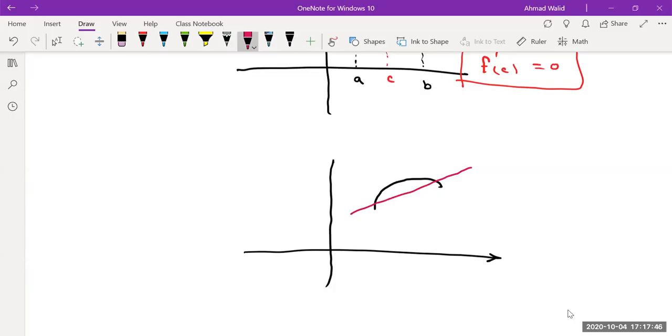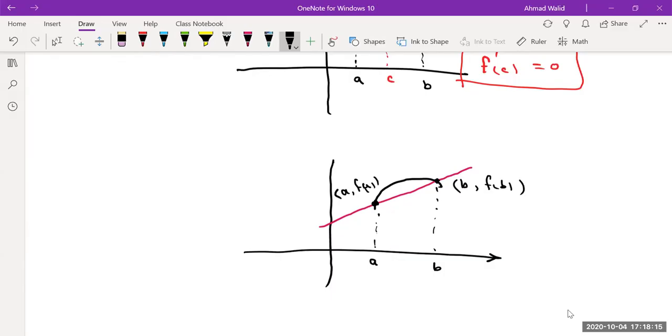This is my secant line, correct? Of course, this point, I'll name it A. This point, I'll name it B. Of course, the coordinates of this point will be A and f of A, and the coordinates of this point will be B and f of B, right?